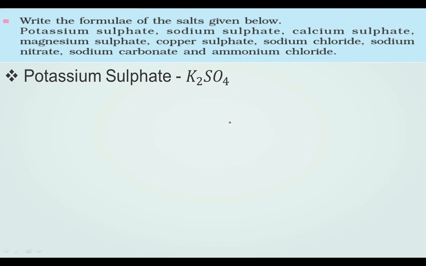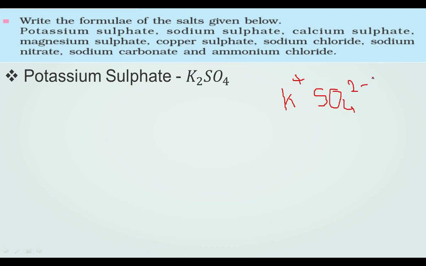Now here I would like to give you a tip. In case in exam you forgot the chemical formula of any compound, then you can work it out from the compound name only. Like if we talk about potassium sulfate, what is the chemical formula of potassium? That is K+. And what is the chemical formula of sulfate? That is SO4 2-.